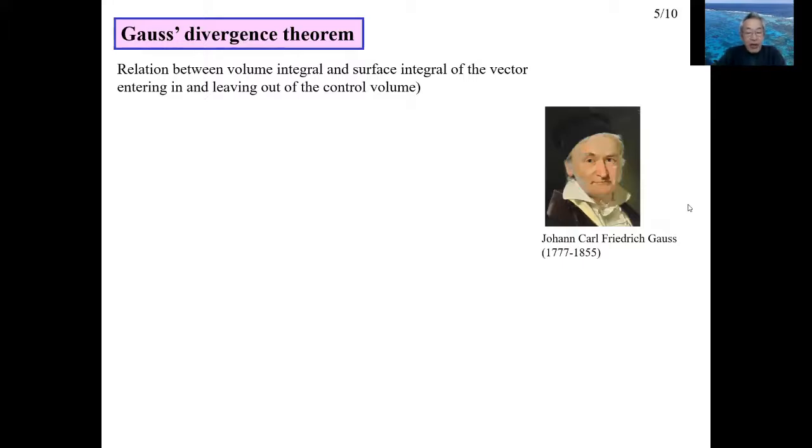Next, I will explain the Gauss divergence theorem. There are many theorems and formulas named after Gauss. The Gauss divergence theorem is one of them. When analyzing fluid phenomena mathematically, the expansion and transformation of equations become very complicated if you don't use this theorem.